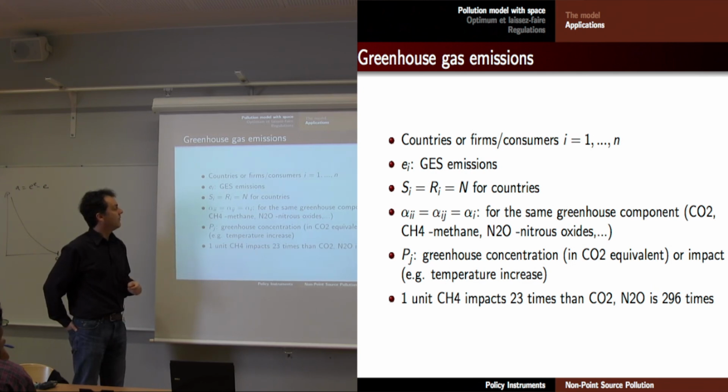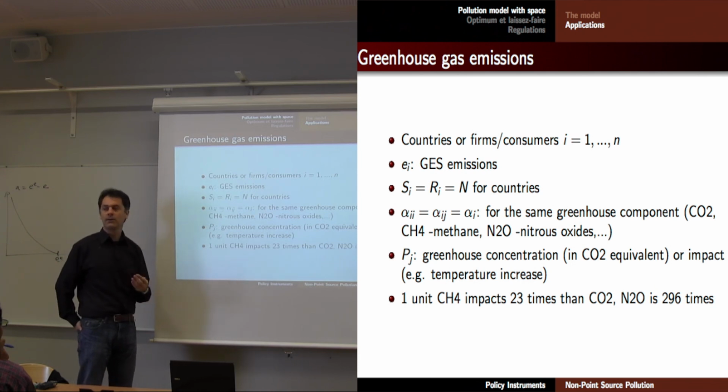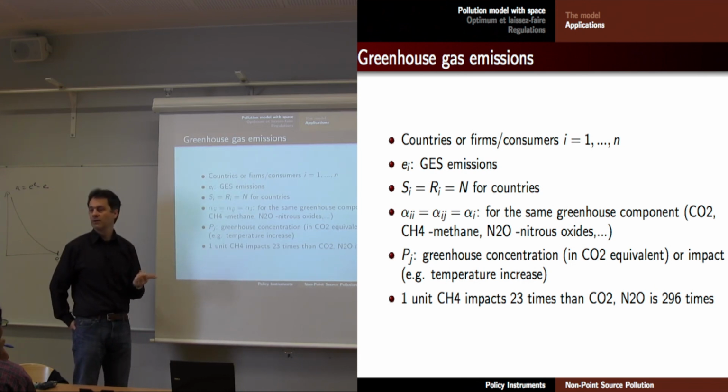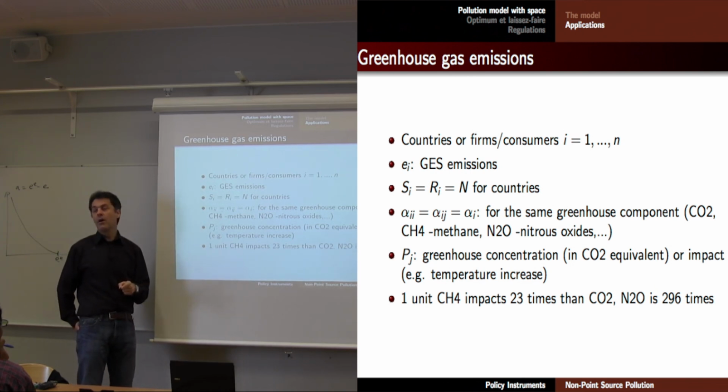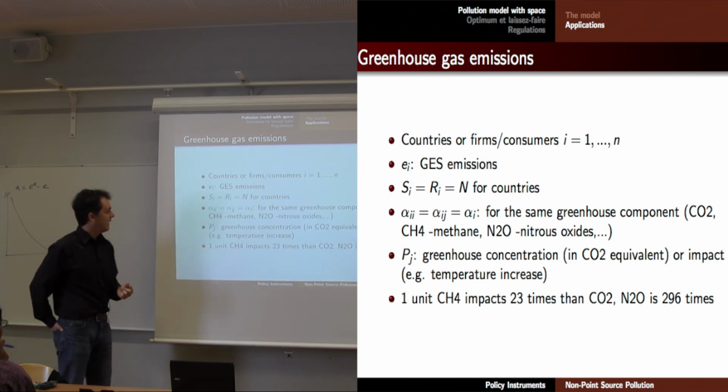So it's a model of global pollution with a symmetric pollution. Each country is impacting the other countries the same way for each ton of CO2 emission, let's say. Damages are different, of course, but in terms of CO2 concentration, we are all in the same boat.